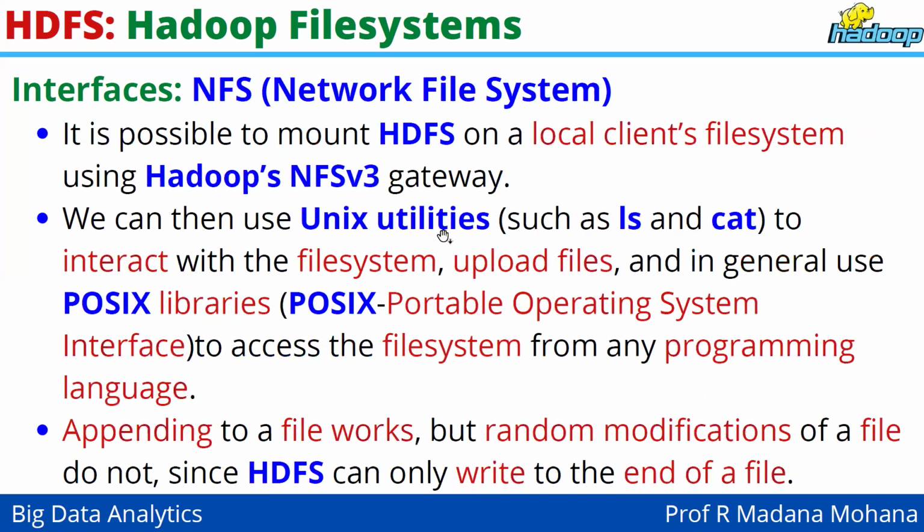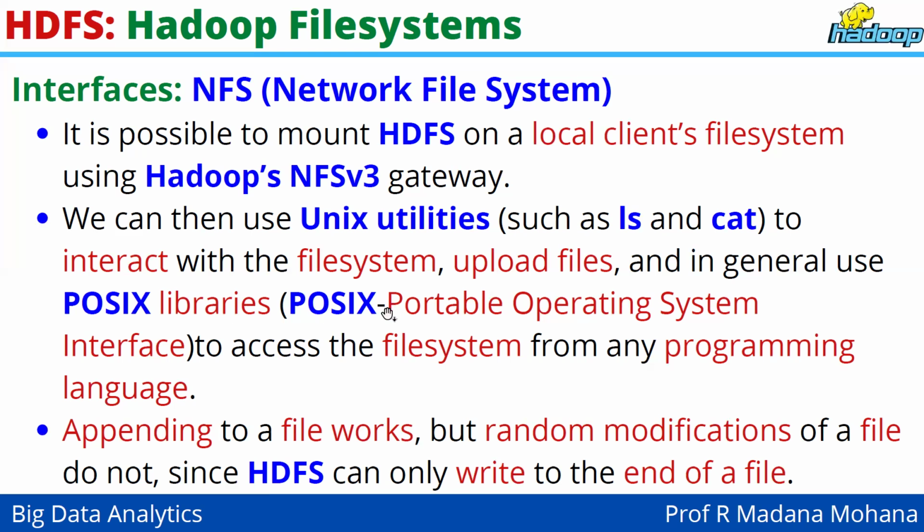Then coming to the next interface, NFS, Network File System. It is possible to mount HDFS on a local client's file system using Hadoop's NFSv3 gateway. We can then use Unix utilities such as ls and cat to interact with the file system, upload files, and in general use POSIX libraries.